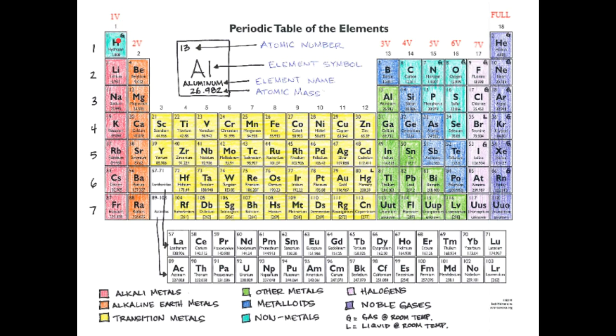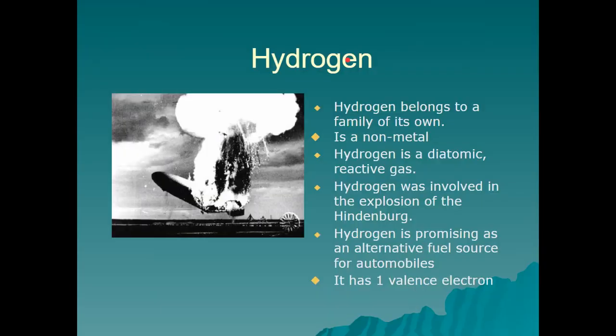Okay. It's also a non-metal, right? See, it's the same color as the rest of these guys. It's also a non-metal. Okay. So hydrogen is a diatomic reactive gas. That means that in nature, di means 2. Okay, so that in nature they're together. Hydrogen usually comes in 2s.